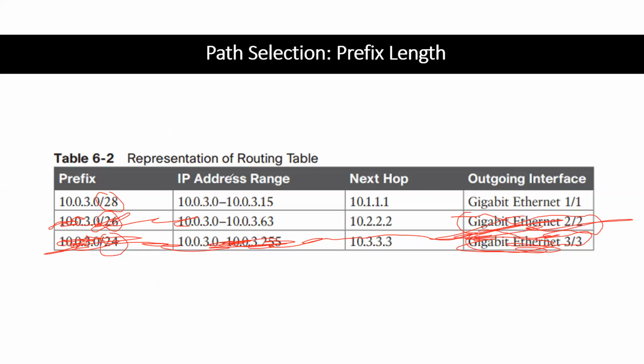We are going to send it out of gigabit Ethernet 1/1, because /28, even though the subnets are the same, that slash notation, that number behind the slash, is a little bit more specific than a /24. It's higher than the lower end of that binary scale.